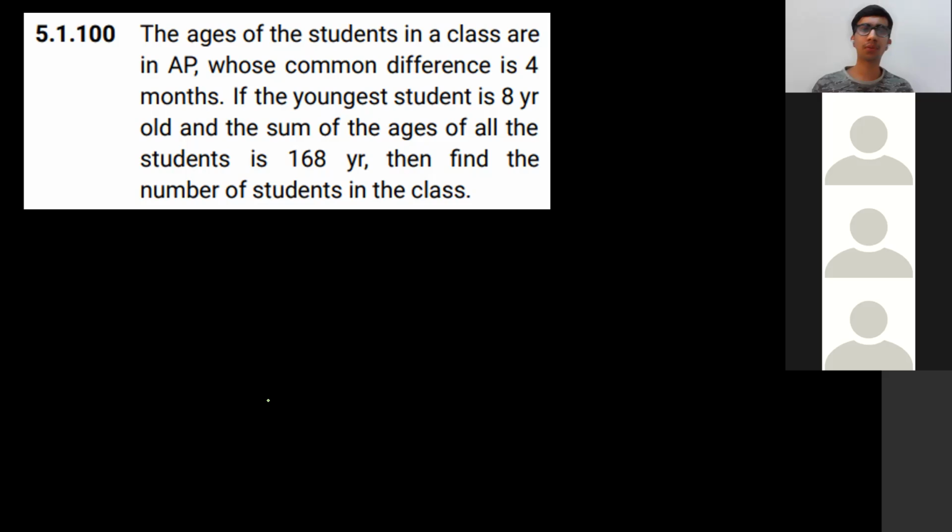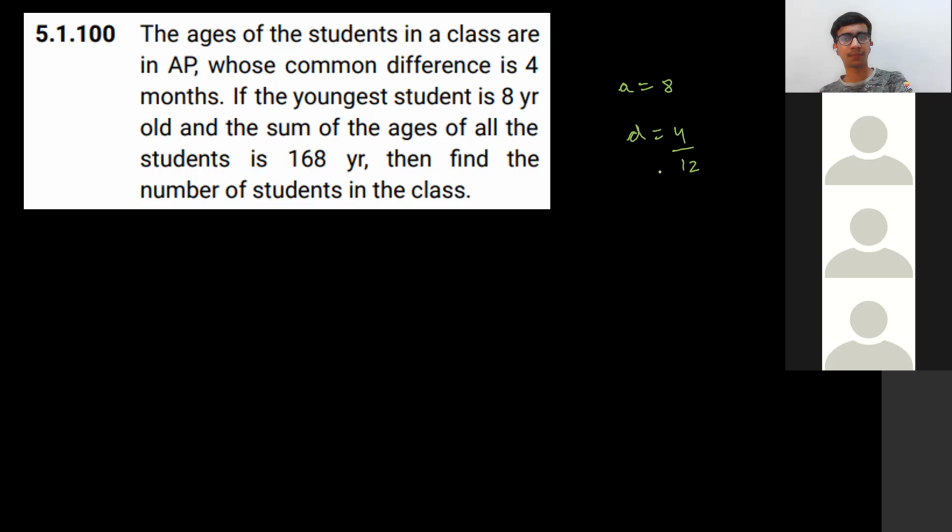Like what is A, what is D in this? Neil has answered. Okay, Neil, I want you to explain what is A, what is D. So yes, I took A as 8, and then I took D as 4 by 12. Okay, why 4 by 12?